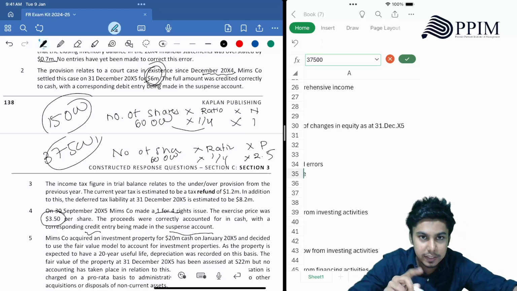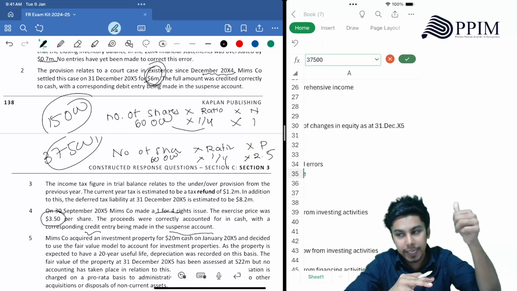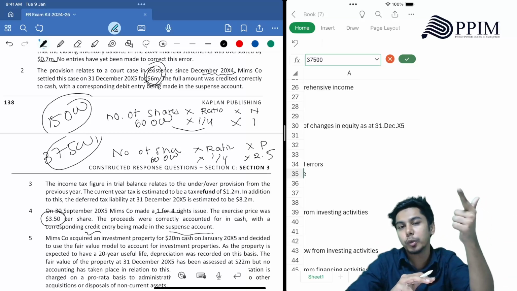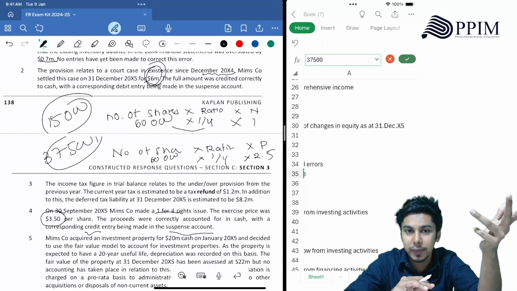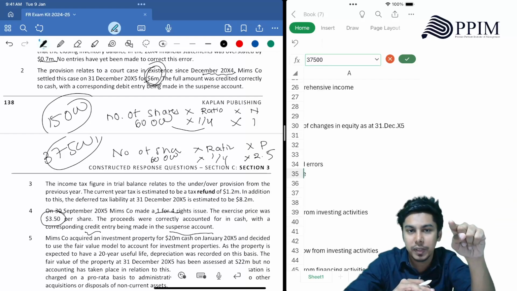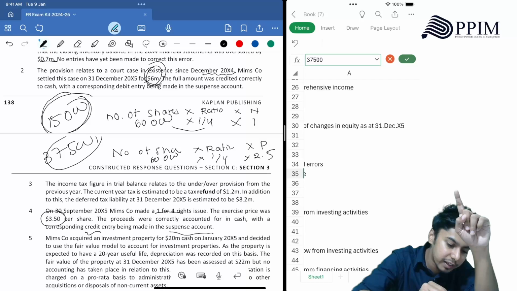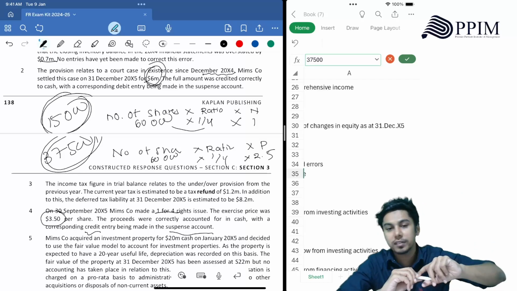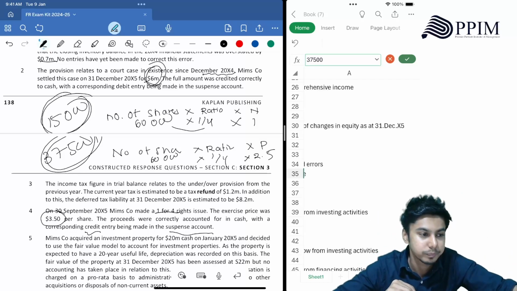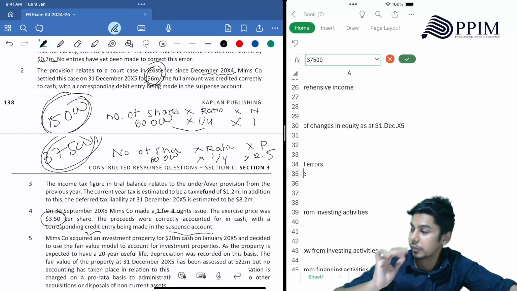That means first thing, we are issuing shares, no? When you're issuing shares, share capital and share premium should be credit. But these people have credited the suspense account. Guys, add these two, 15,000 and 37,500. When you add, what will be the answer?